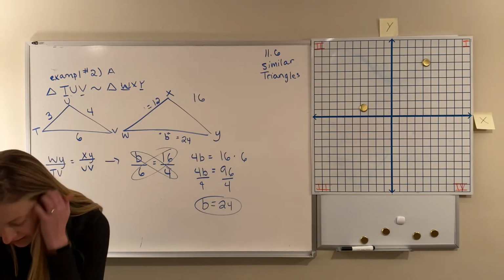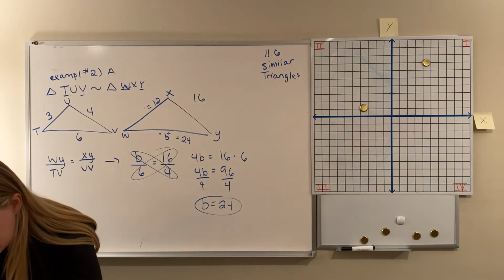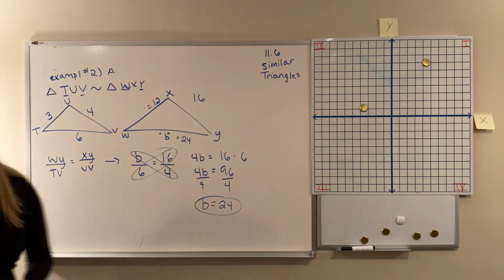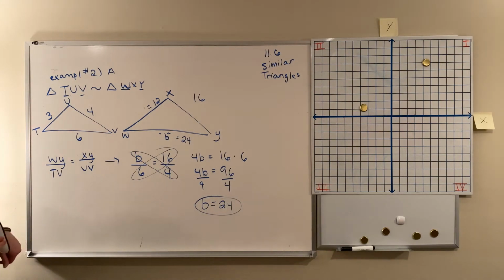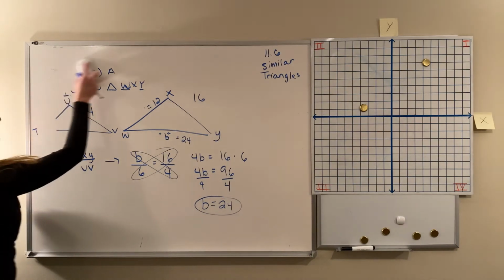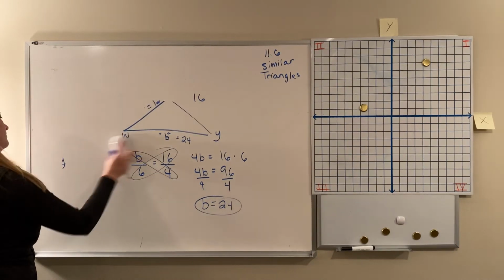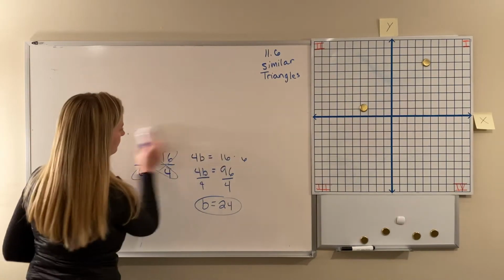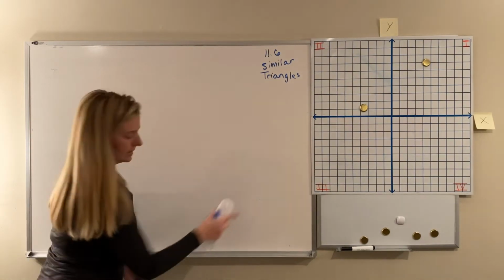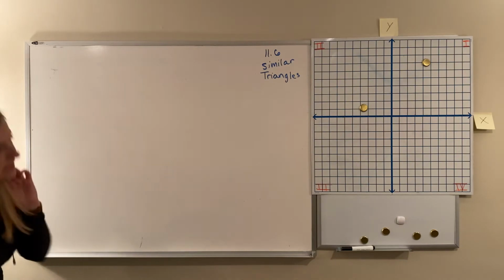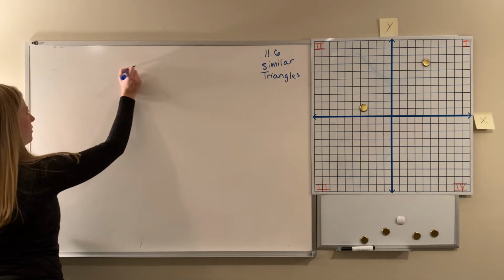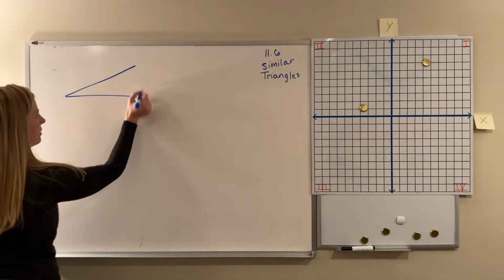All right, let's look at B now. So that was example 1A. Let's look at example 2B, sorry. All right, they give us some wackadoodle looking triangle that looks like this.